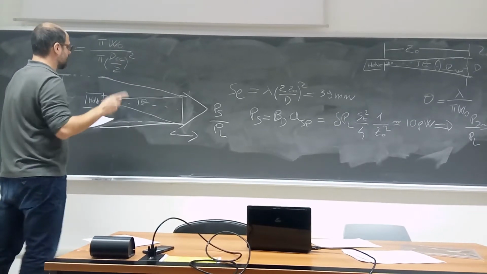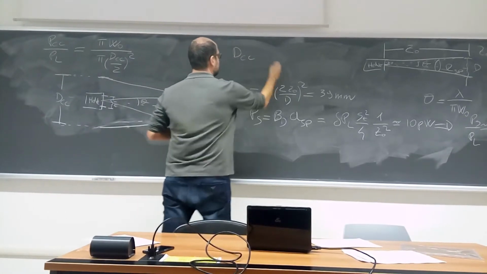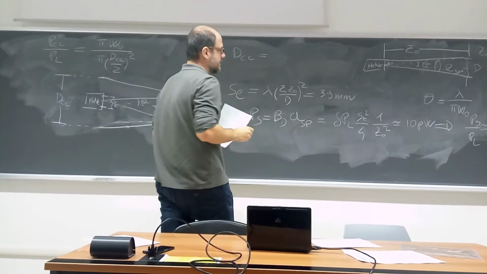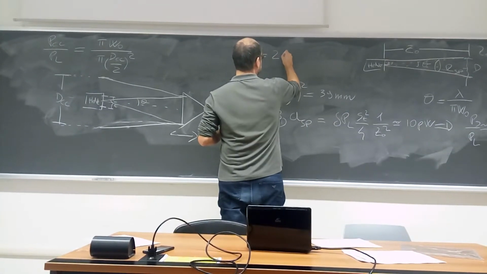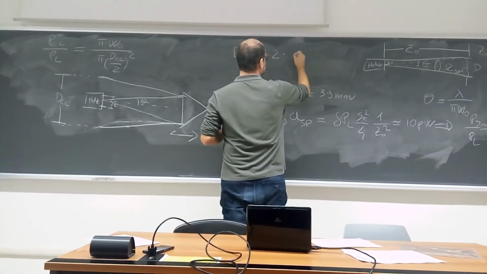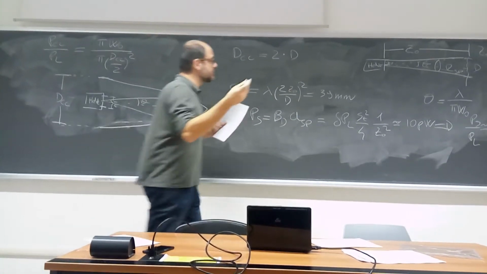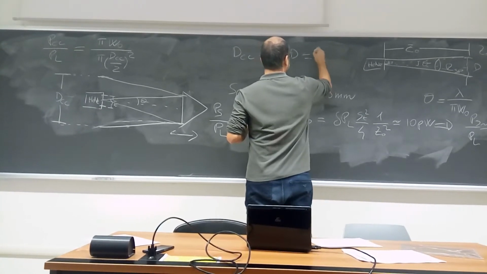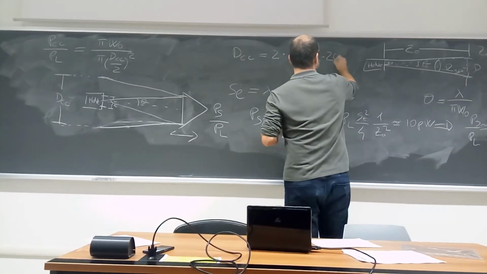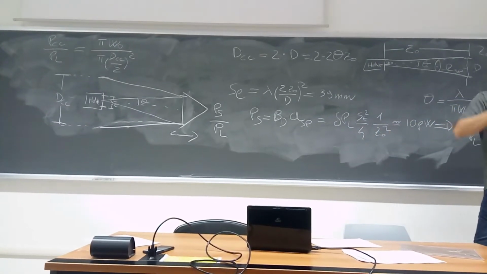And in particular, let's say that dc, this diameter, is equal to 2 times the diameter of the spot onto the target, onto the corner cube, that was equal to 2 times 2 theta z0.